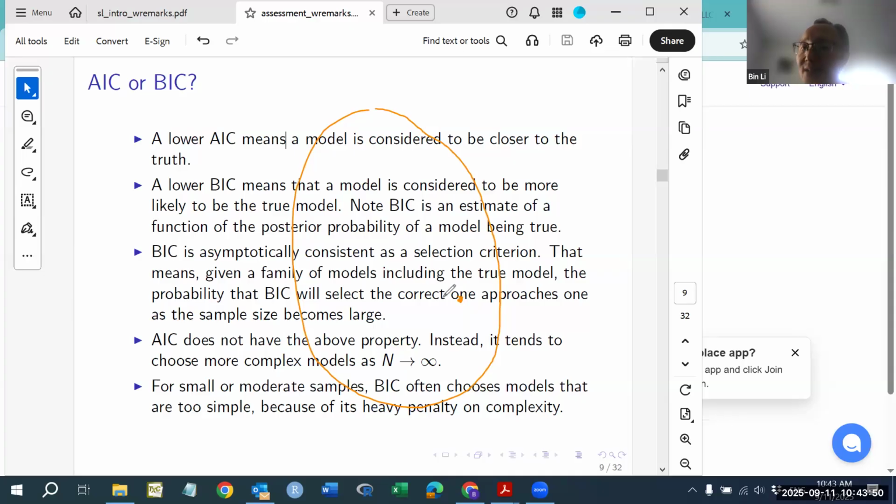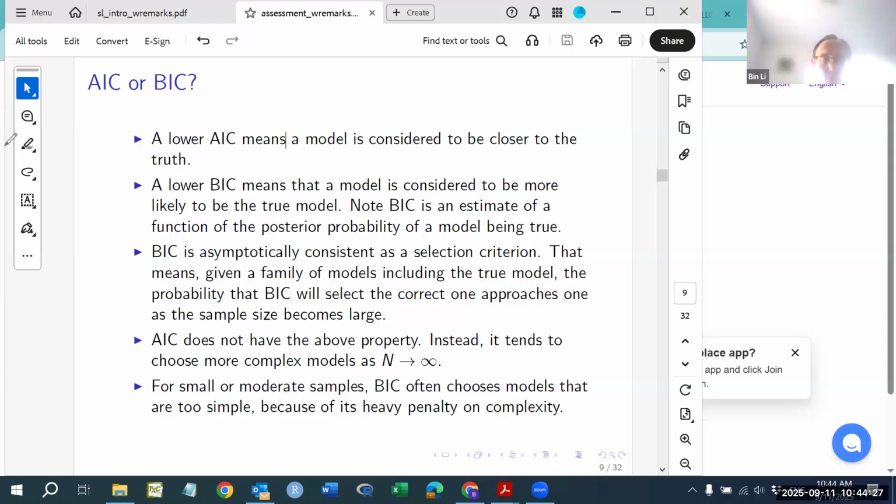So that's the BIC setting, and you can see there are subtle differences. Also, AIC puts less penalty on model complexity, and BIC puts more penalty on model complexity. So in general, the AIC tends to select more complicated models than the BIC. The BIC usually selects the simpler model compared to the AIC's model.